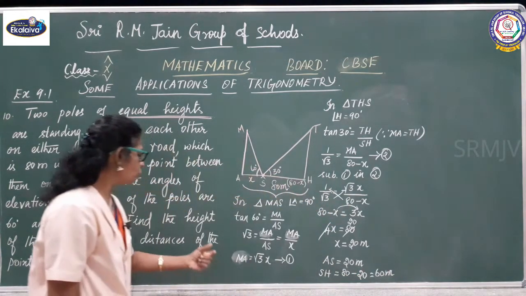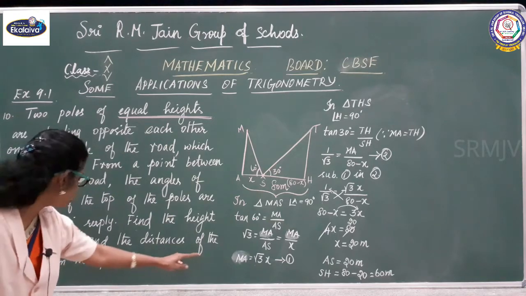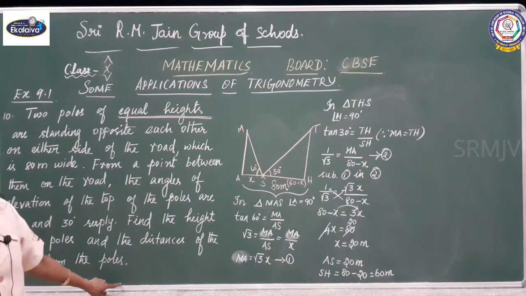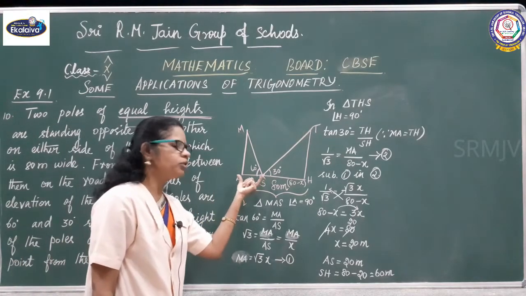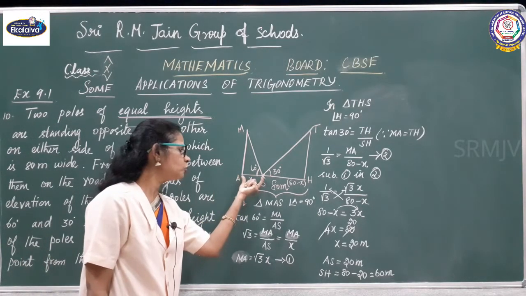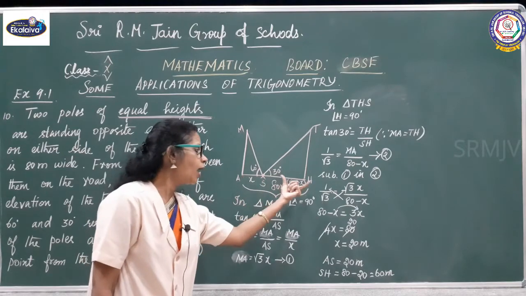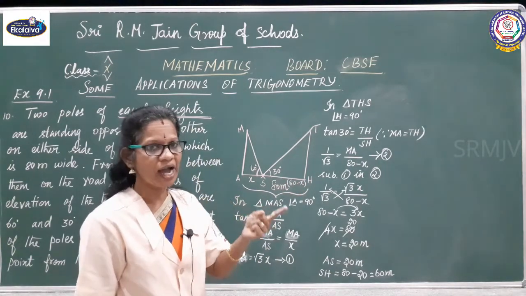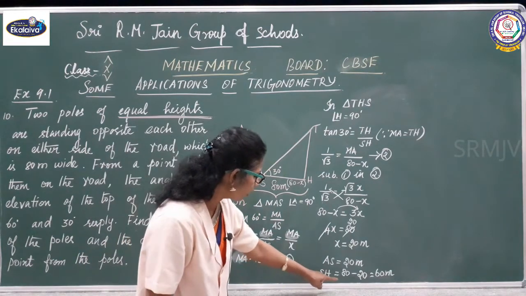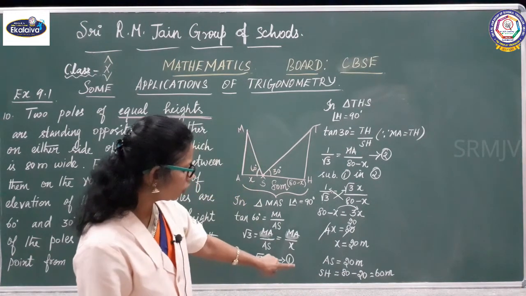Got it? You got the result as the distance of the point from the poles. One pole to the point is 20, another pole to the point is 60. We want to find the height of the pole. What did we get as x, children?